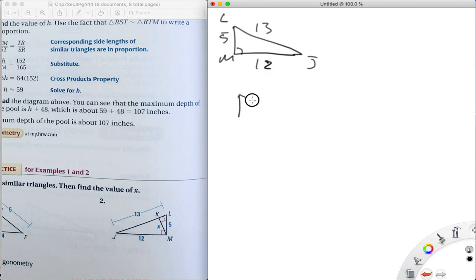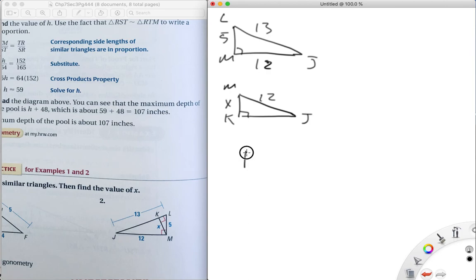Then for the medium size, again everything starts from the hypotenuse, so this is going to be K. The hypotenuse of that is 12. This is M up here. That's X. And for JK, we don't have enough to find it. So that's the medium triangle.